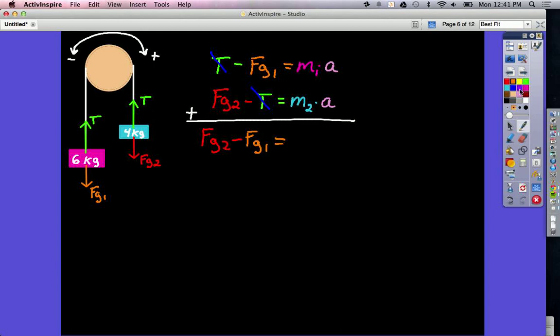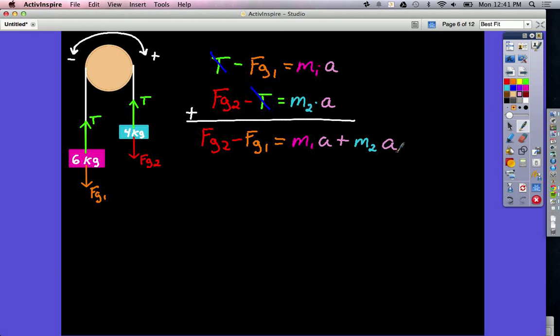And on the right side, I have m1a plus m2a. And I'm still trying to solve for acceleration. I've got it in two different spots. I've got it in this term and in this term.